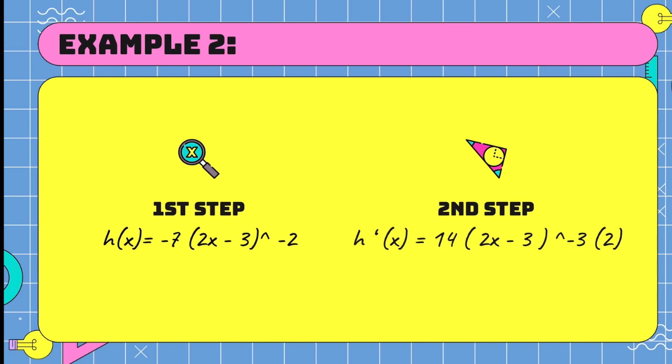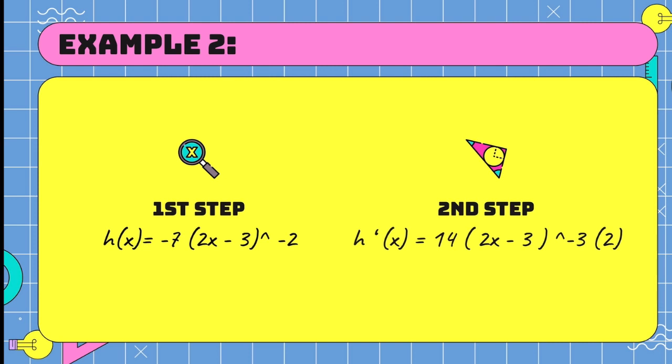So the first step we can do before applying the chain rule, we should take the denominator to the top. So it was 7x over (2x minus 3) squared. So it will be 7x times (2x minus 3) to the power of negative 2. So it was 2, but now when we took the denominator up, the power will get negative.